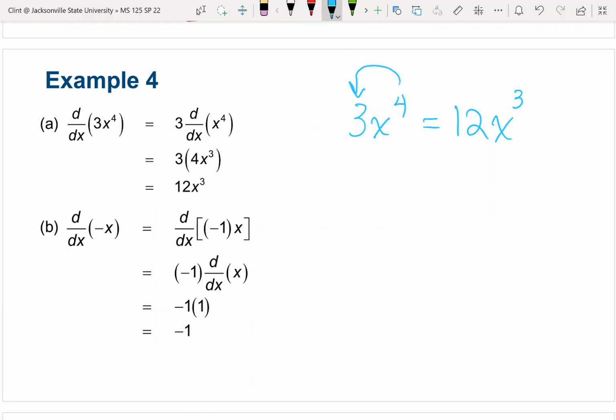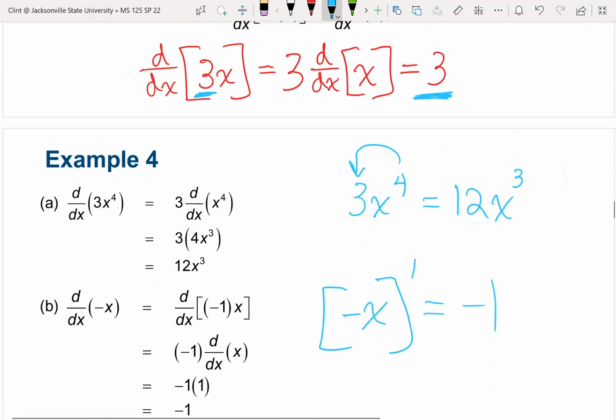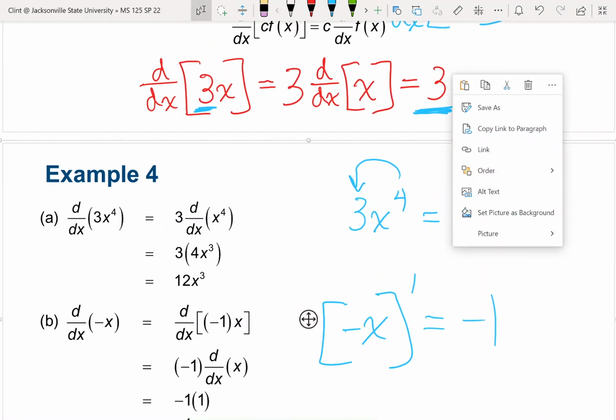And again, the shortcut way of thinking about that is we have a coefficient of negative 1 in front of the x. So if we take the derivative of something with just an x, it's just going to be the coefficient. So negative 1. That's the same way we thought about that last one.